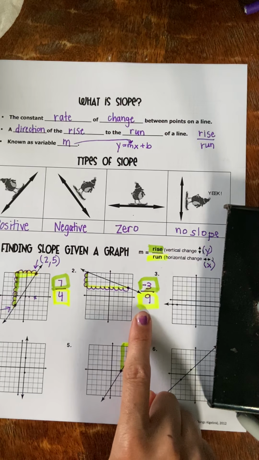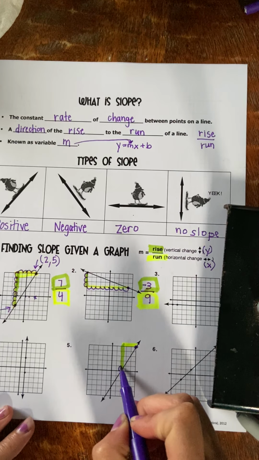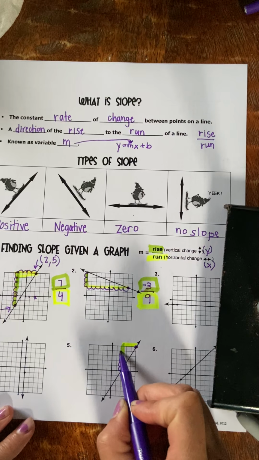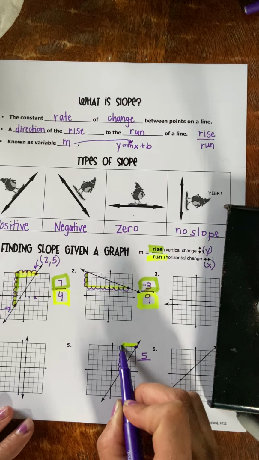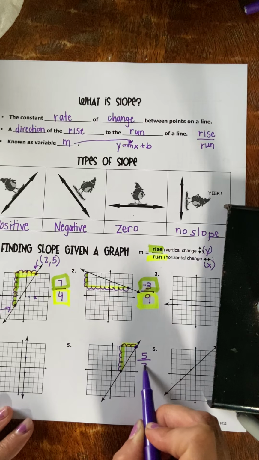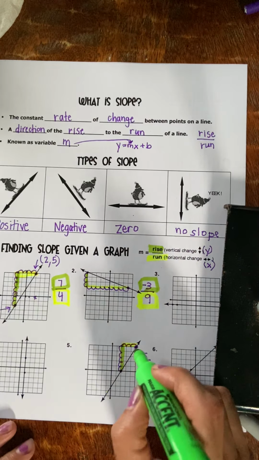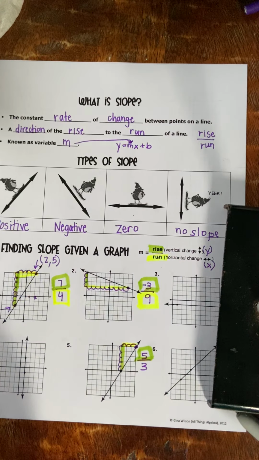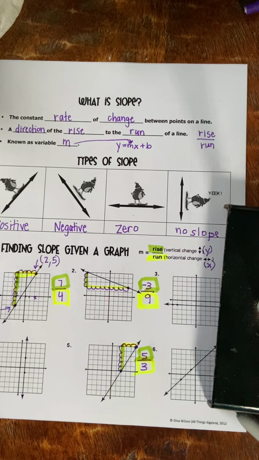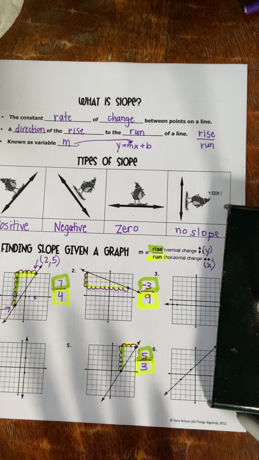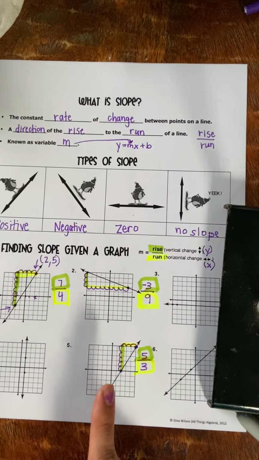Oh, and this one can be simplified. Up 1, 2, 3, 4, 5. Up 5. And run 1, 2, 3. Our rise was 5, our green number, and our run was 3. Again, you can change these numbers. Right now, for the sake of just finding the slope, I'm keeping them as is.